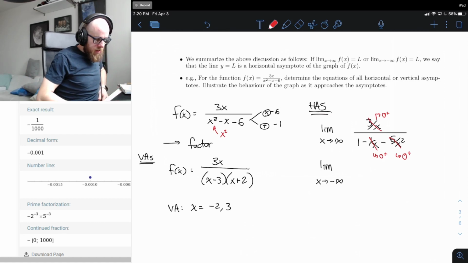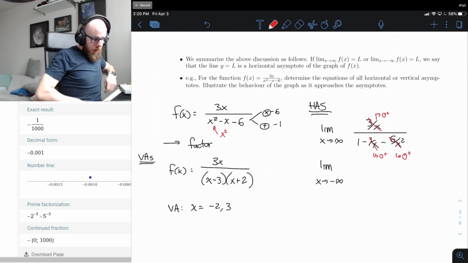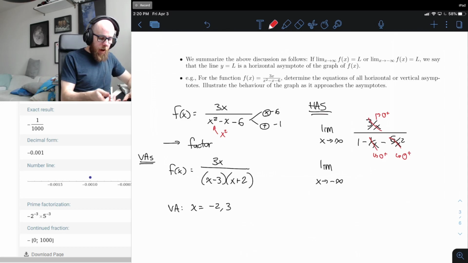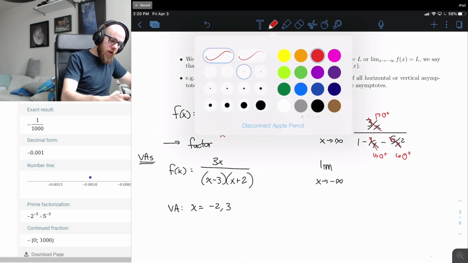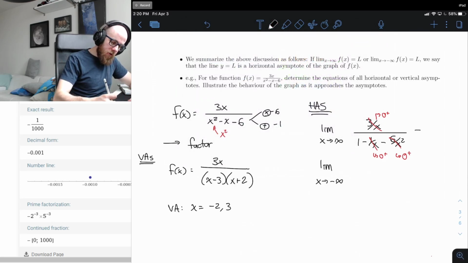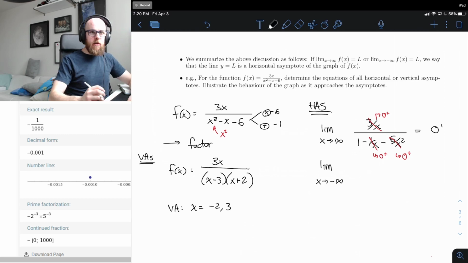Because I have 1 minus something that's basically 0 minus something that's basically 0, I'm going to get 0 over +1. So this whole thing should approach 0, but from a slightly positive side.